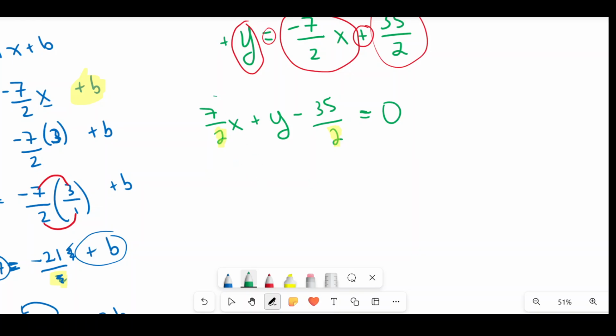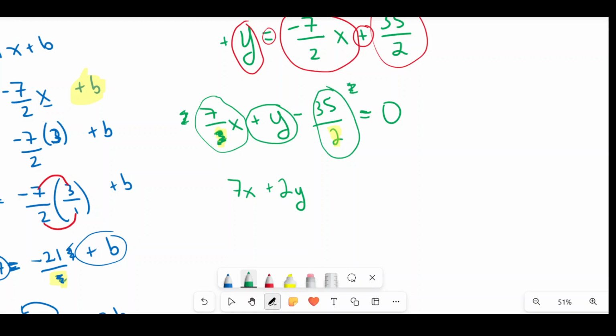So when I multiply this by 2, the multiply by 2 just cancels that divide by 2, and I'm left with 7x. When I multiply this by 2, it'll become 2y. When I multiply this by 2, this multiply by 2 just cancels that divide by 2, so I have minus 35. And of course, 0 times 2 is still 0.